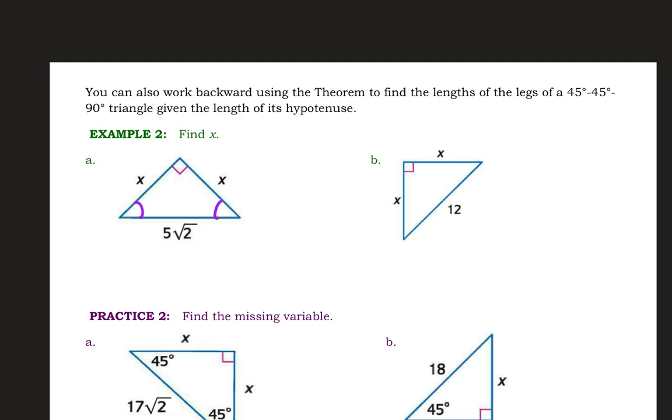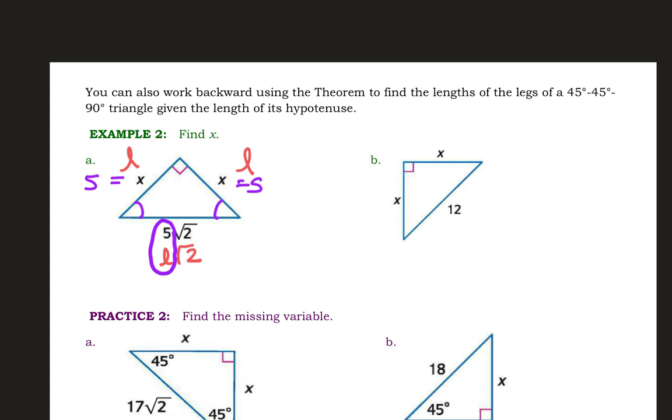Remember, your ratio is the leg, the leg, the leg times square root of 2. So what's representing our leg here? The 5 is, right? Because the square root of 2 is what we have to add. This is representing the L. So that means x is 5. That's all it is.